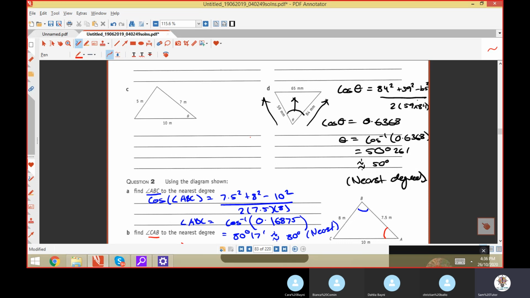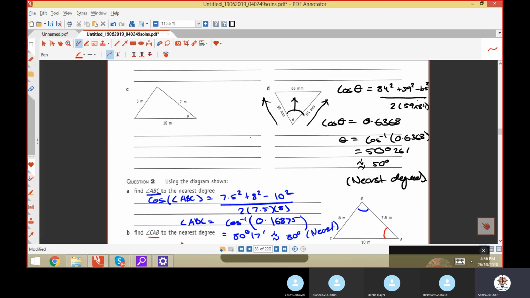Show me. Because you didn't do cosine inverse. Yeah, so you just did that, but you have to find C, so you chuck cosine onto the other side. Cosine inverse. That's what you have to do. Just press equal on that.